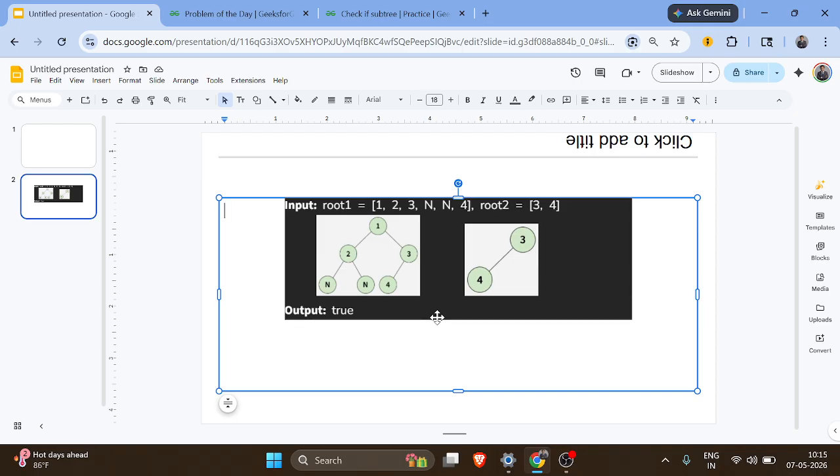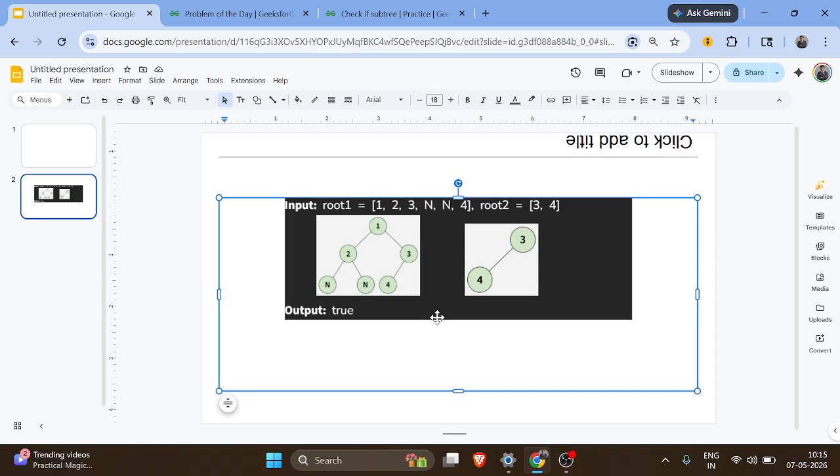So root 2 is a subtree of root 1 if root 2 exists in the left subtree, or root 2 exists in the right subtree, or from the root where I am currently located, whatever tree is formed is actually root 2.